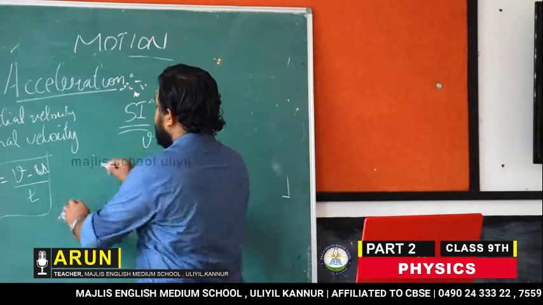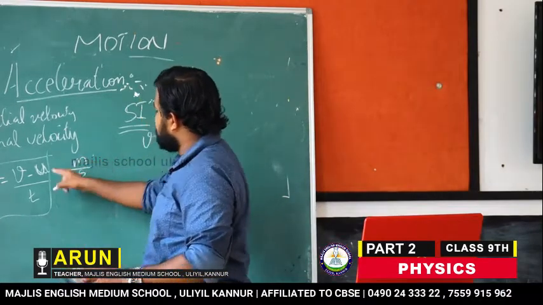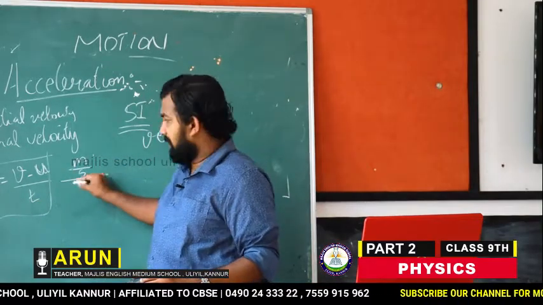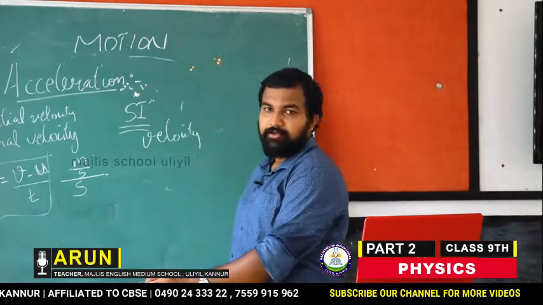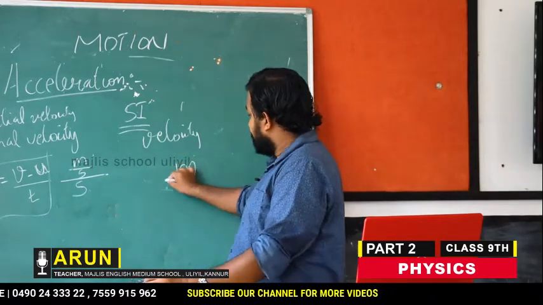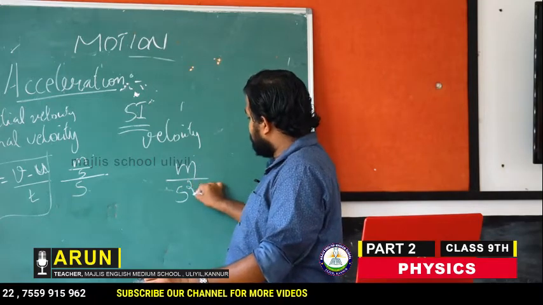Meter per second is the SI unit of velocity, divided by what? Time, which is again second. So the denominator is second, and the unit becomes meter per second square.